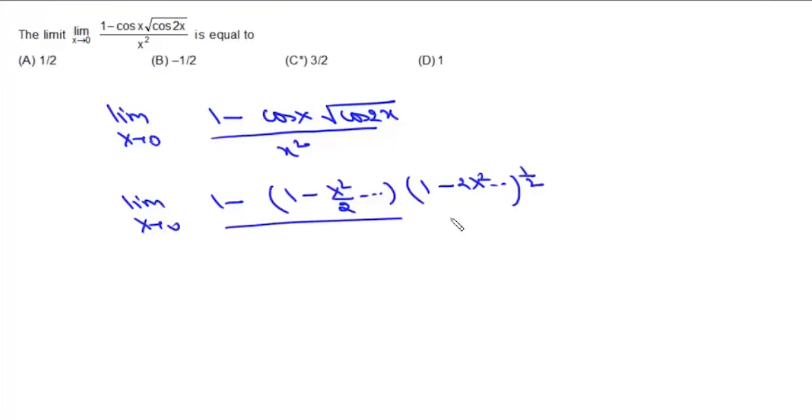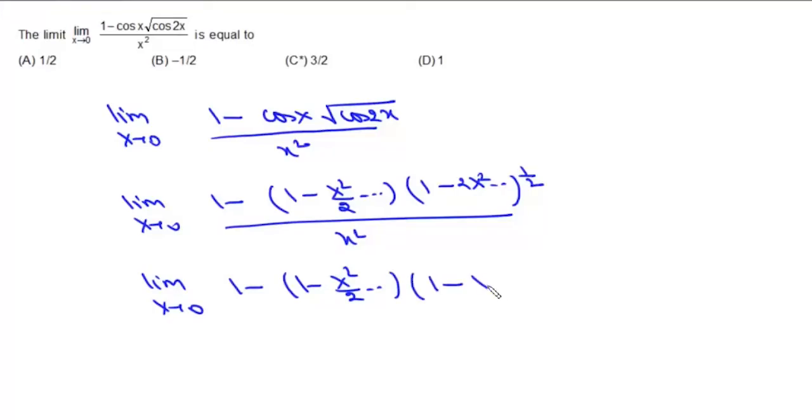Now again we'll use binomial expansion of 1 minus x to the power n. So it will be this limit x tends to 0, 1 minus, and this is 1 minus x square by 2, and here will be this 1 minus x square, upon x square.